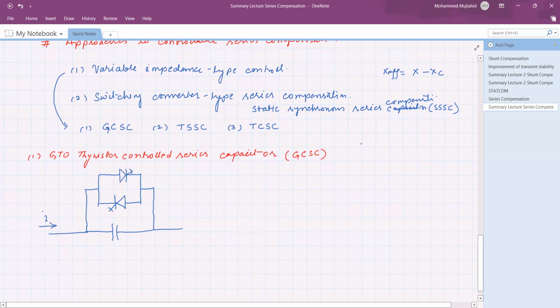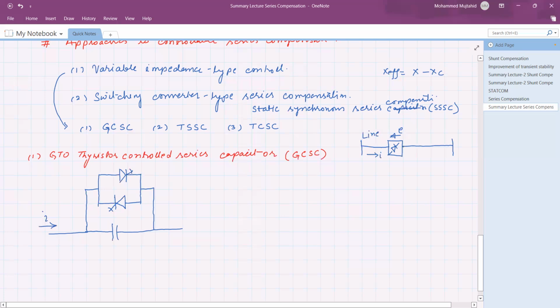This is the transmission line, and it is a FACTS controller, which we have learned in the basics of FACTS devices. It is going to inject a voltage in the transmission line, which is in quadrature with the transmission line current.